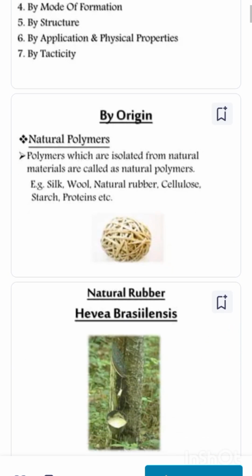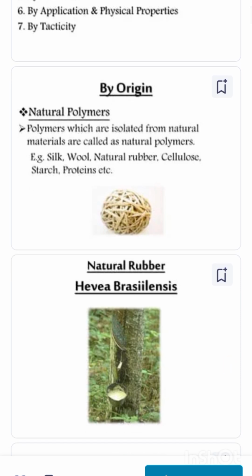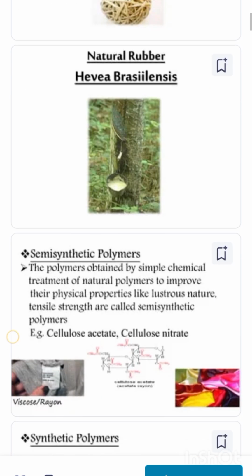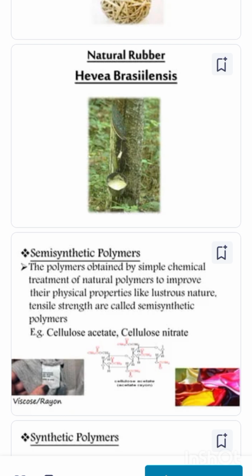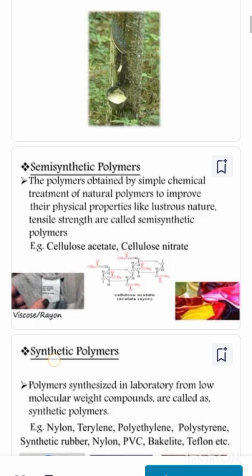Classification of polymers by origin. Natural polymers. Polymers which are isolated from natural materials are called natural polymers. Example, silk, wool, natural rubber, cellulose, starch, etc. Semi-synthetic polymers. The polymers obtained by simple chemical treatment of natural polymers to improve their physical properties like lustrous nature and tensile strength are called semi-synthetic polymers.